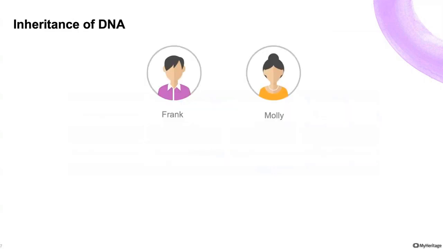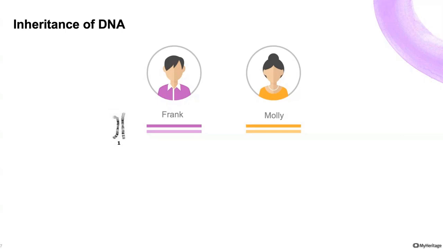Let's talk about inheritance of DNA. And for this, I will use my favorite example of Frank and Molly, which you can see right here. Let's look at chromosome 1 for both of them. And as we mentioned, there are 22 of these, but just for the sake of the example, we're going to use chromosome 1.